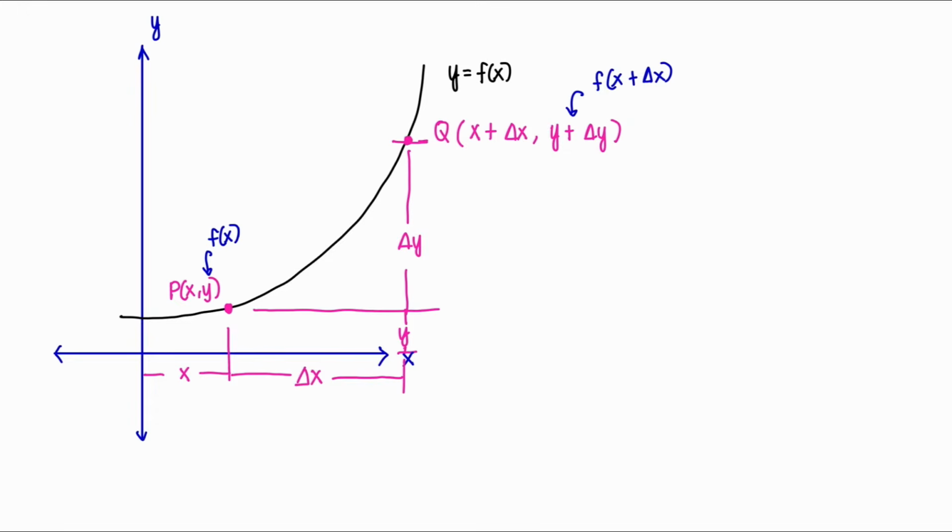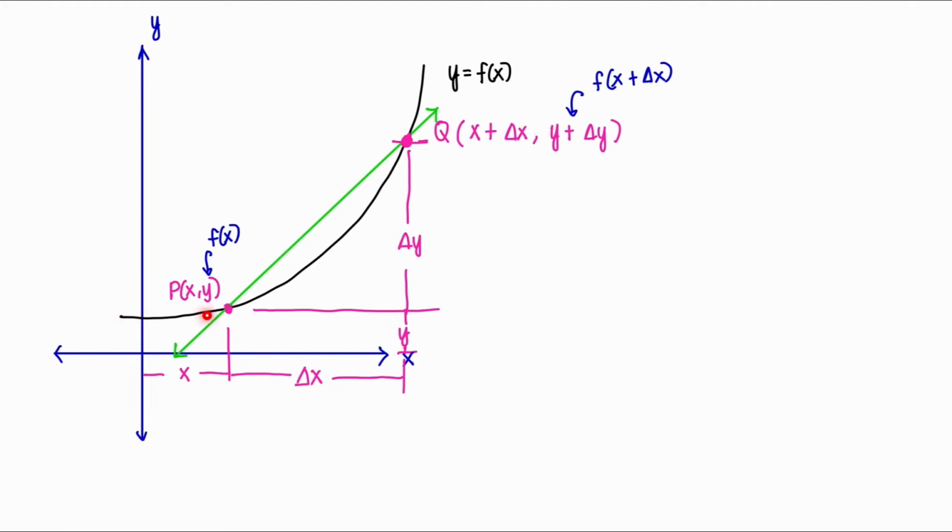If we connect points P and Q, there are 2 points right there. If we connect the 2 points, we are able to draw a line, because this line passes through a curve at 2 points.